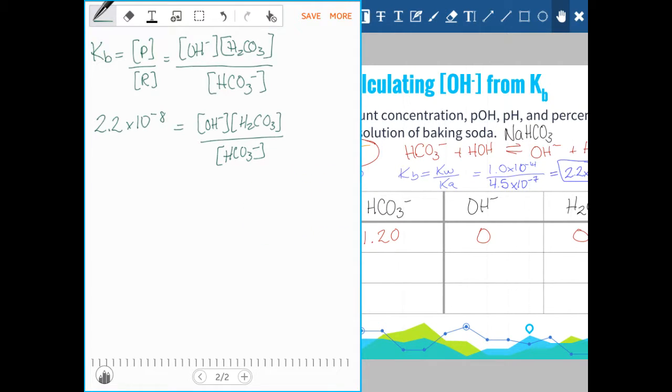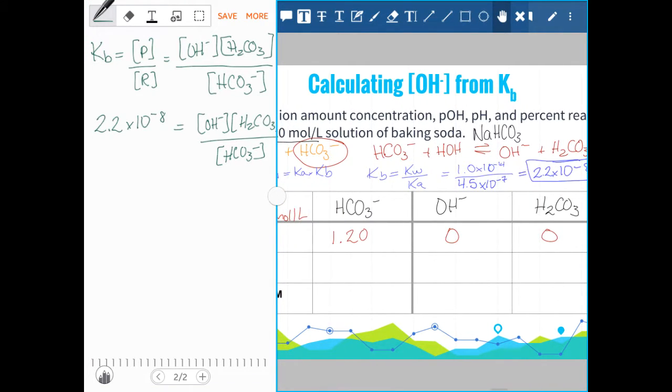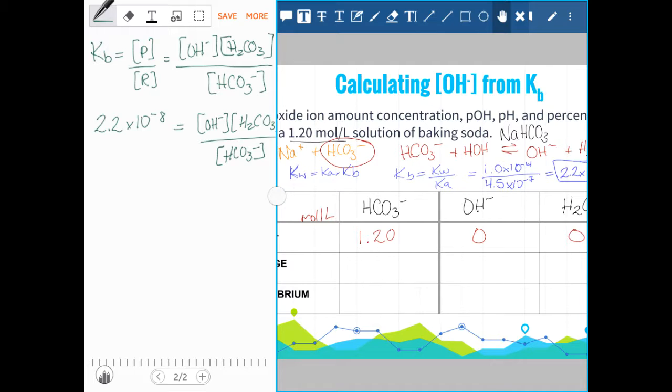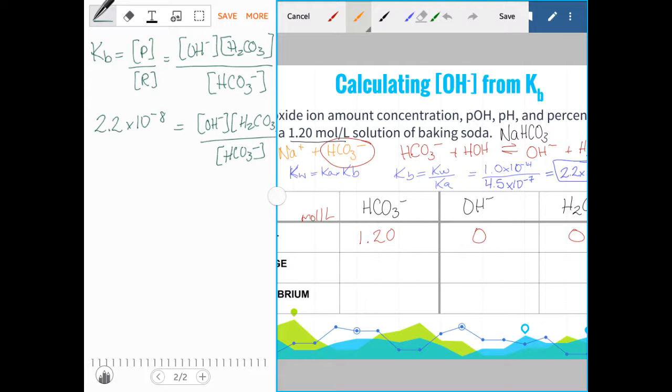So one thing that we need to remember when we're solving using algebra is that this value of 1.20, this change is so small or so minimal that the change essentially does not affect this value. In other words, it would be 1.1999999 repeating, where you would just simply round it to 1.2 again. So we can write down 1.20 again for our equilibrium value of our hydrogen carbonate ion.